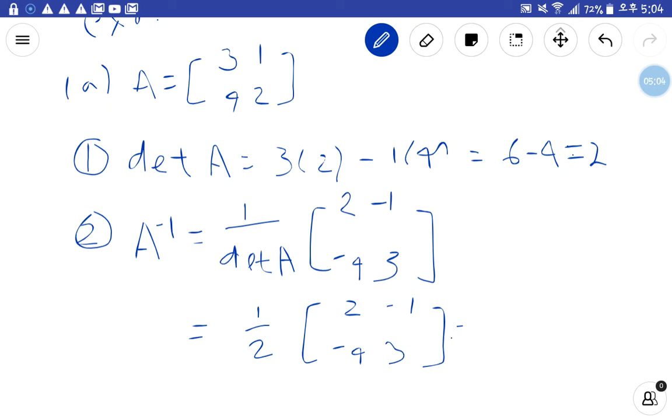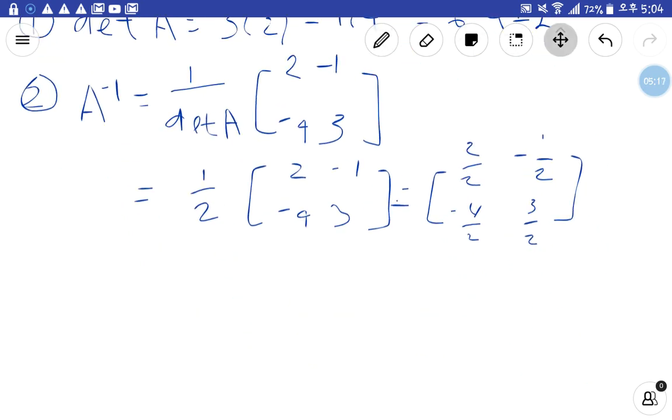That would be 2 over 2, negative 1 over 2, negative 4 over 2, 3 over 2. As our book did, you can change that into decimals, which is 1, negative 0.5, negative 2, 1.5. That is the answer for the 2 by 2 matrix. It's not that hard, right?